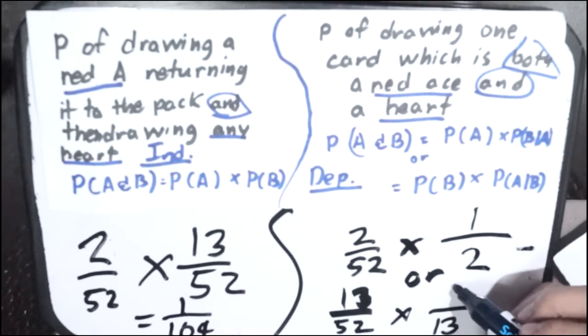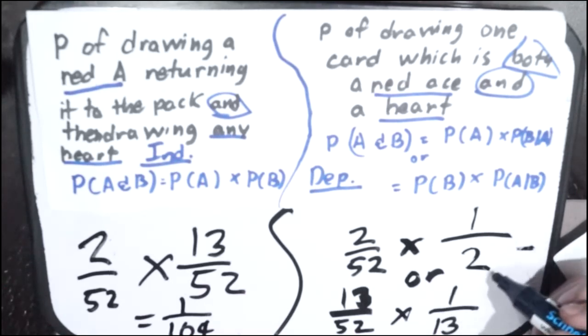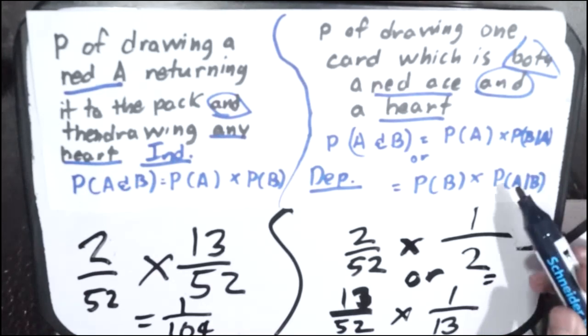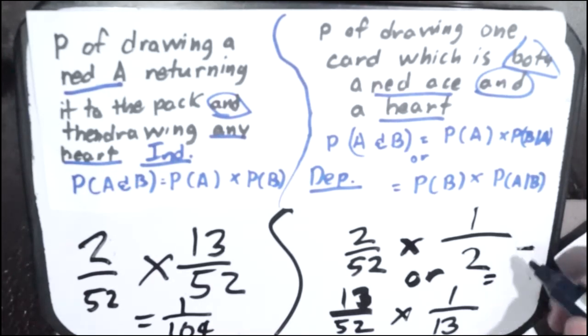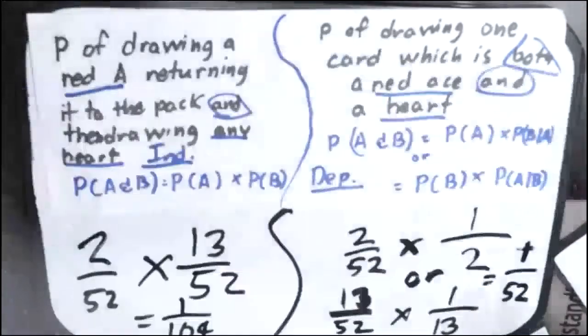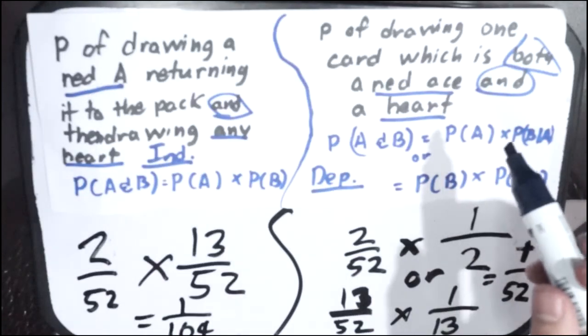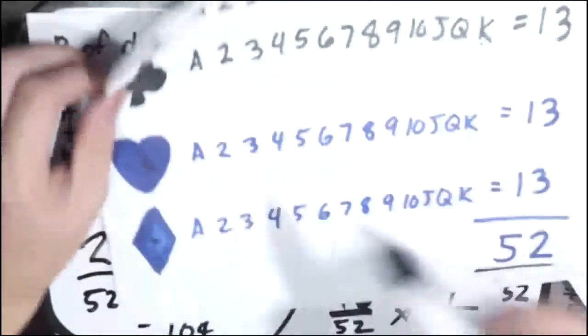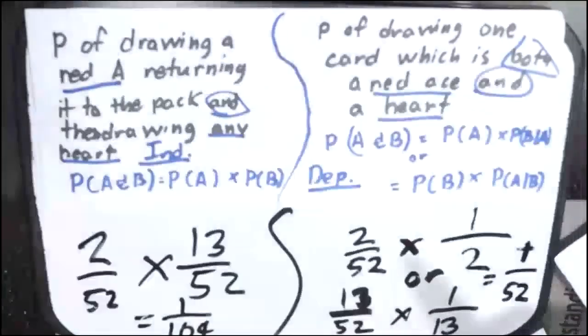That's only 1. And for both of these equations, you get the answer of 1 over 52. Right? Because there's only one red ace of hearts, which is the ace of hearts. Simple enough.